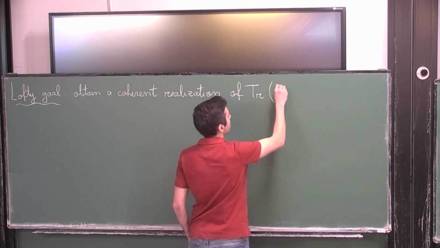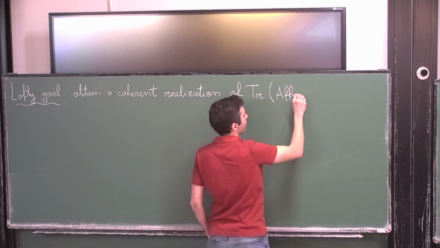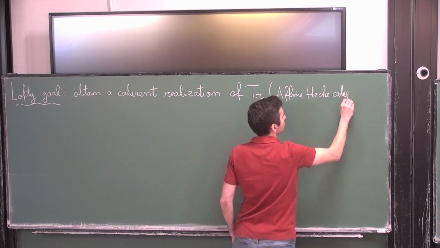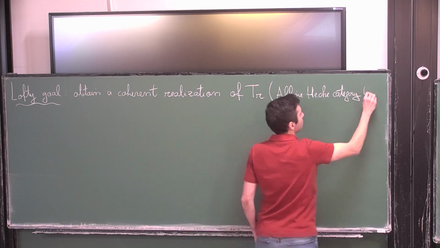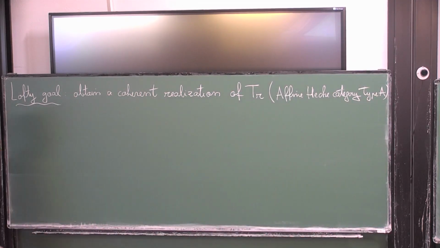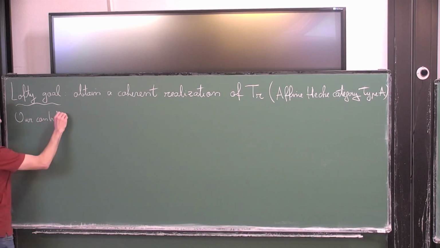So, the trace of the affine Hecke category in type A. This is the motivation of this whole thing, and our contribution is significantly less lofty than this, but I hope it will inform the overall goal.